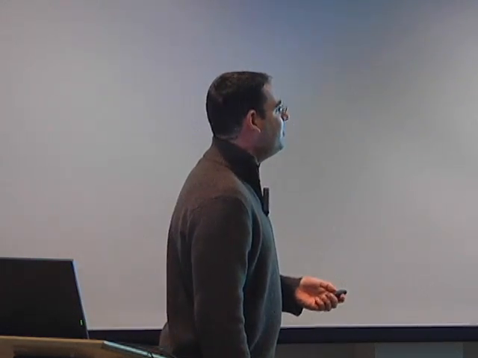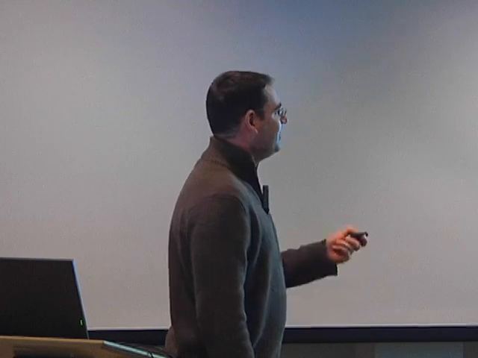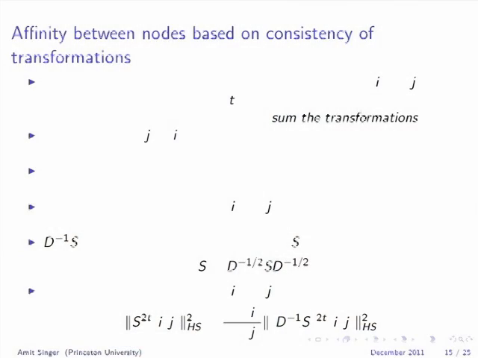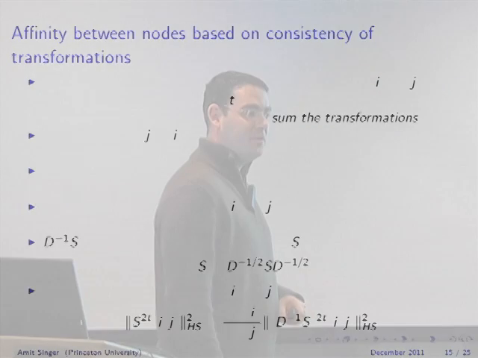So for example, if we go back here, let's consider these two points, i and this point. There are two ways we can get from here to here in, say, a path of length 2, by going in this way, or by going in this way. But instead of just adding the affinities associated with the path, we can consider the different transformations that we get, say Oj times the transformation that we have here, and the transformation associated with this path.